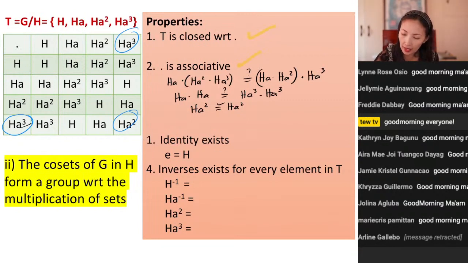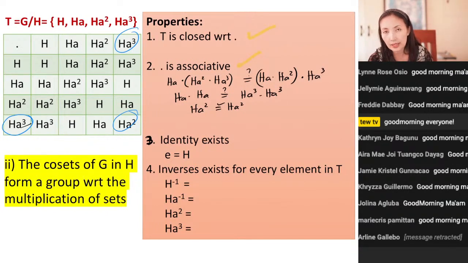Yes, and the identity element is in fact the group H. H times H is H. HA times H is HA itself. So looking at this row and this column, after multiplying by H, the entries did not change. Which means the identity element of this group is H.